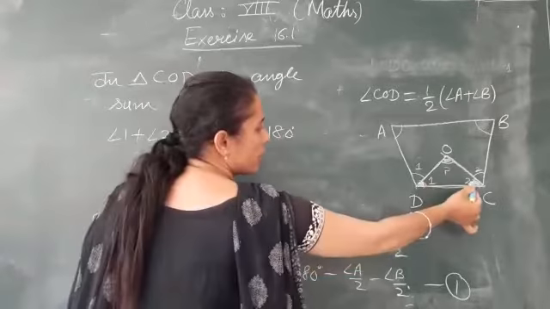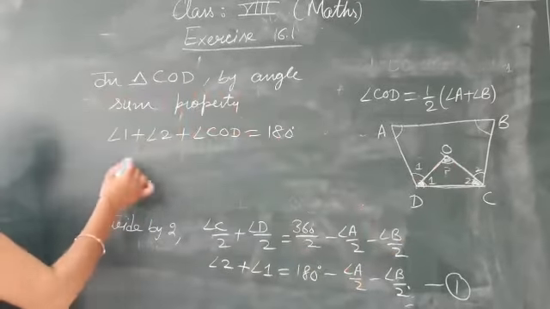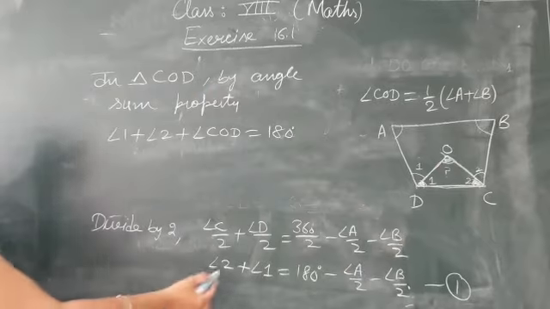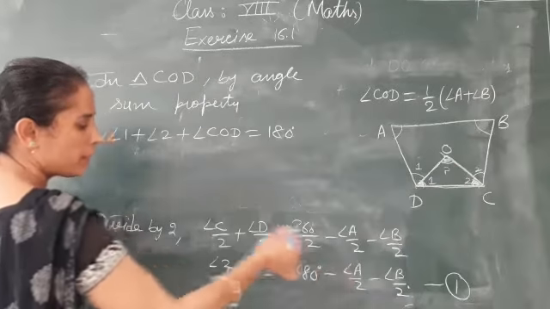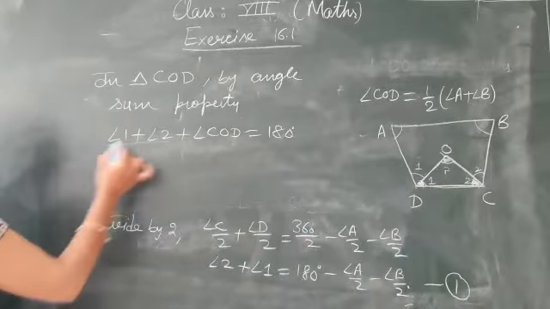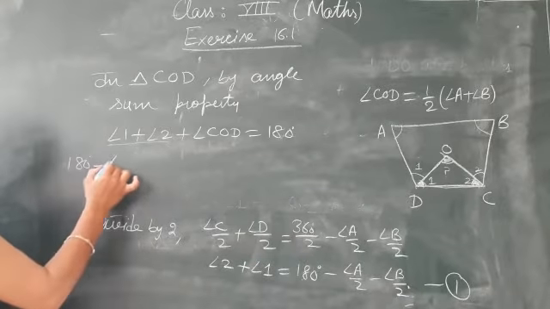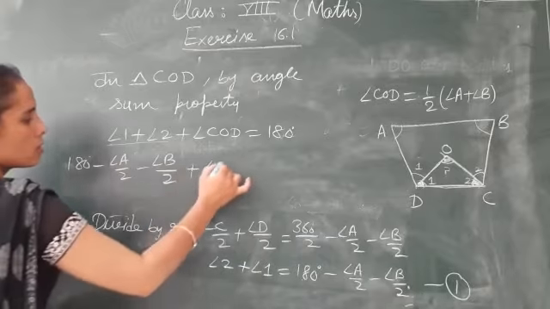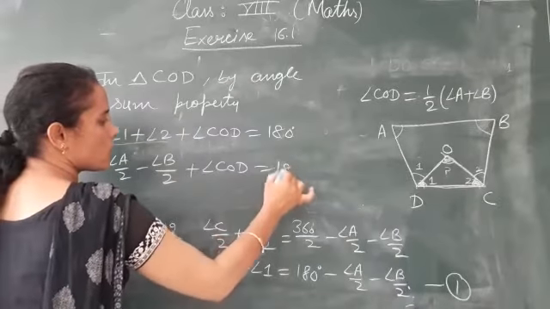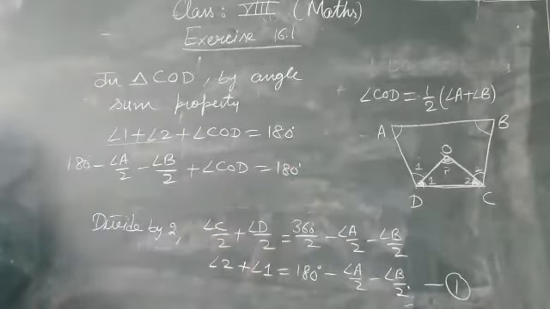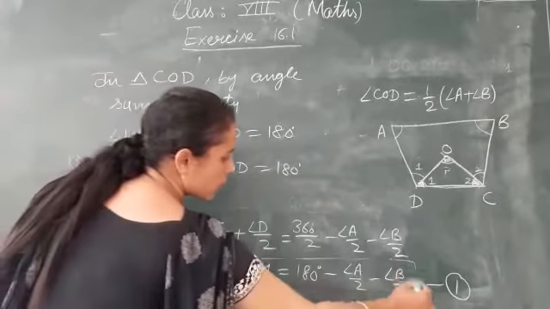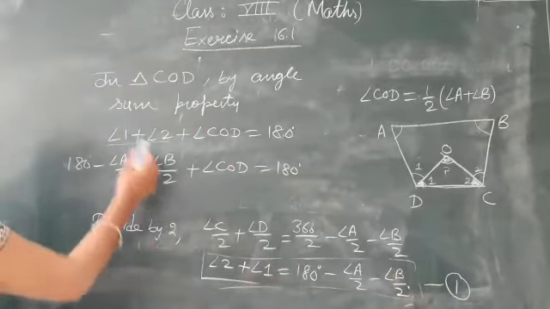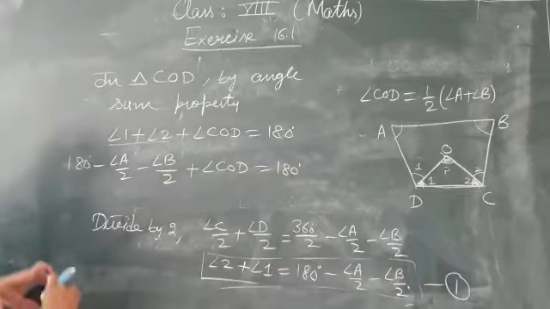Sum of these three angles of the triangle is equal to 180 degrees. Now what is the value of angle 1 plus 2? That is 180 minus this. So we can write in the place of this 180 minus A by 2 minus B by 2 plus COD is equal to 180 degrees. By using this value, we have changed 1 plus 2 by this.